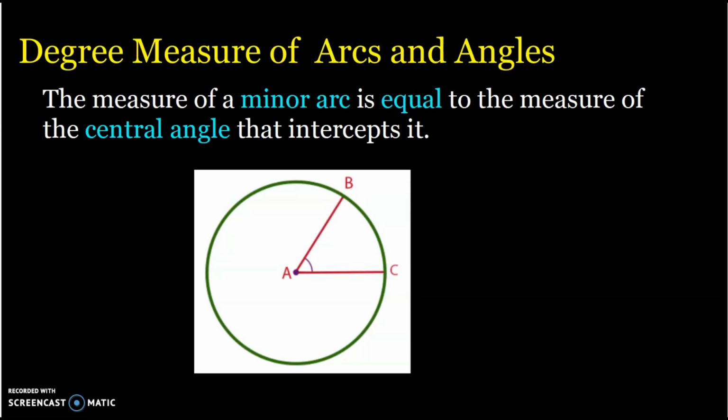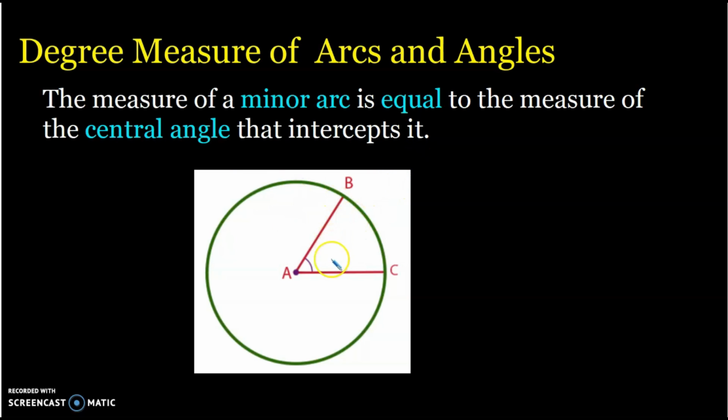Next, this time we are going to describe the relationship between the arcs and the angles. So, we have the intercepted arc. For angles, we have inscribed and central. Let's see what relationship exists among the three. So, the first one, it says here that the measure of the minor arc is equal to the measure of the central angle that intercepts it.